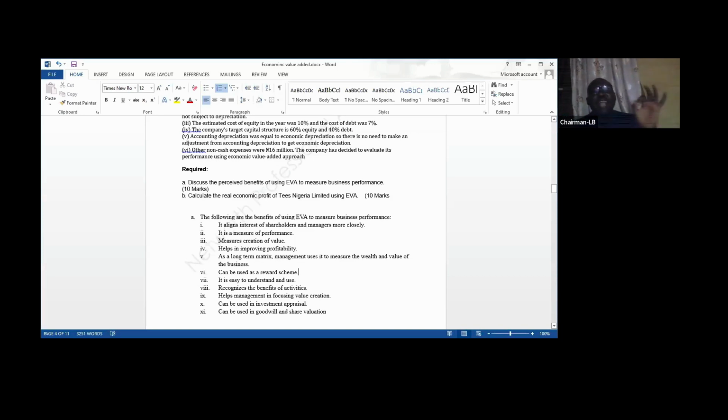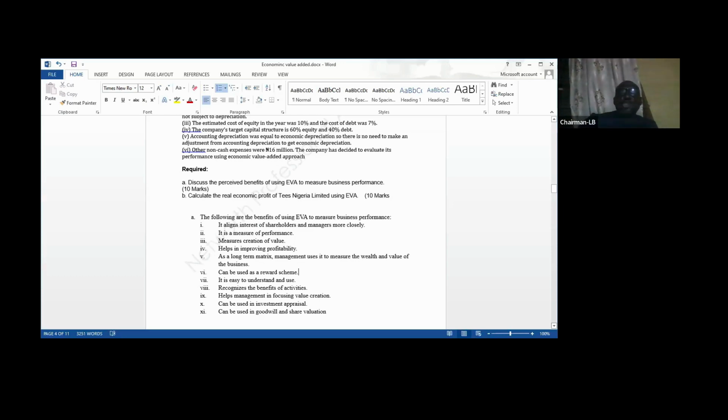It recognizes the benefit of activities that create value. It helps management to focus on value creation.